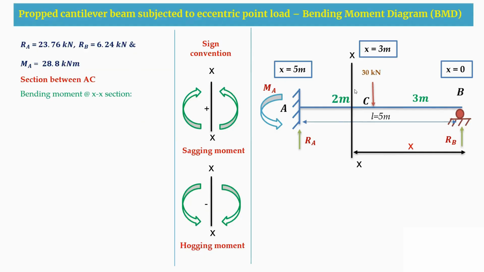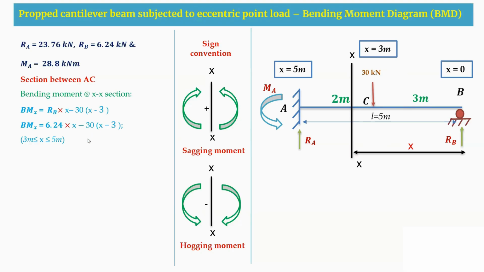Why? Because the arrow is heading upward. Then another term, 30 into the distance, which will be X minus 3, with the arrow heading downward. So the bending moment at X will be equal to RB into X minus 30 into X minus 3. And this is for the limit of 3 to 5 meters.